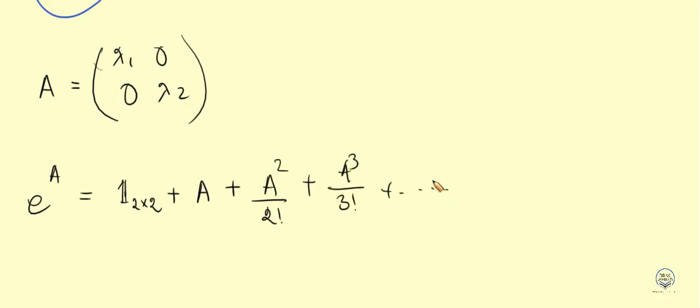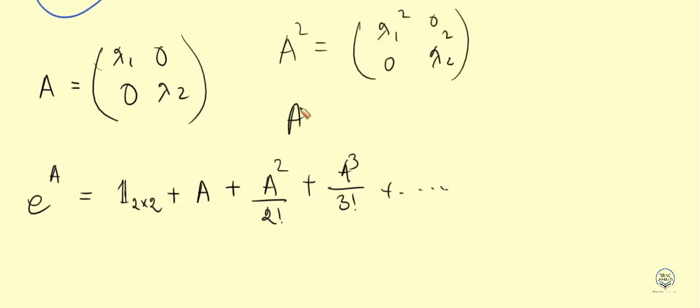So let's now break them down, and as you have already known through your homework assignments, if you have a diagonal matrix, the multiplication for them is very simple. A squared is like this, A cubed is like this, and so on. So the final term over here would be A to the n, so I haven't written that, I just put a dot dot dot.